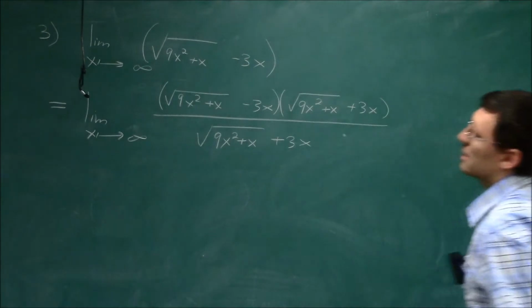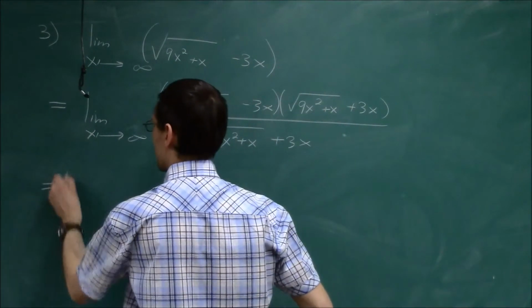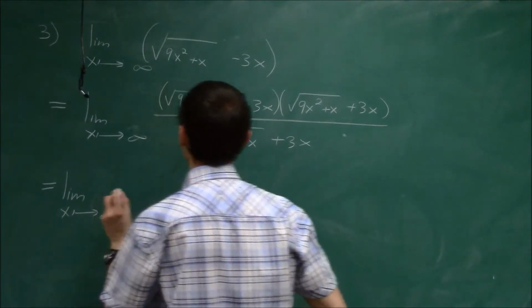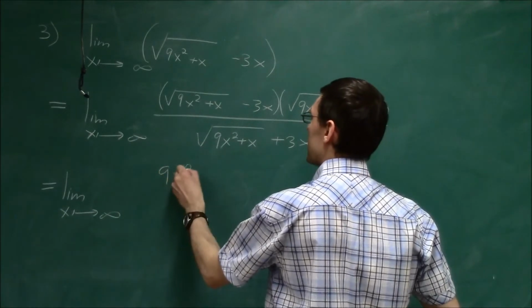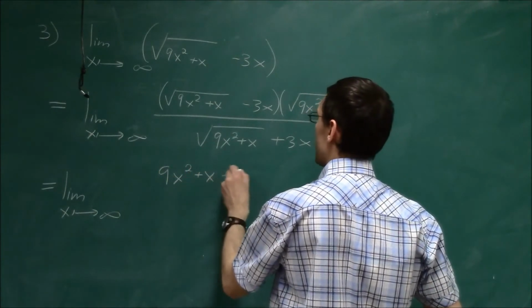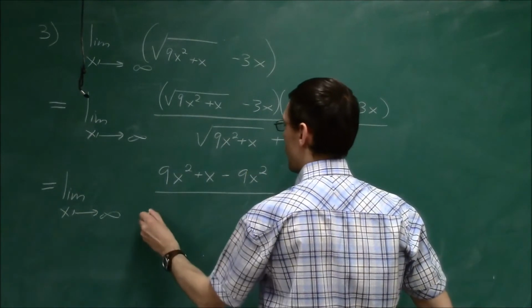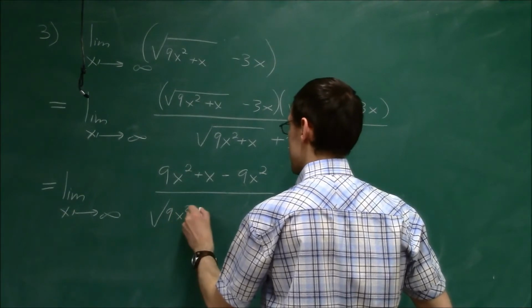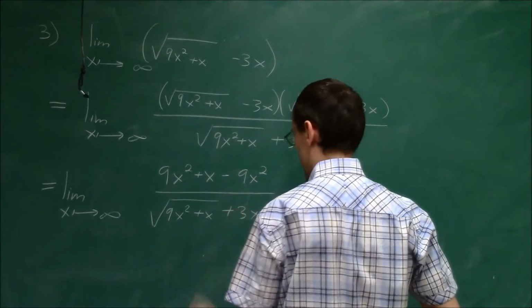So by writing it in this form, I now can resort to the box method. So that is 9x squared plus x minus 9x squared over root of 9x squared plus x plus 3x.